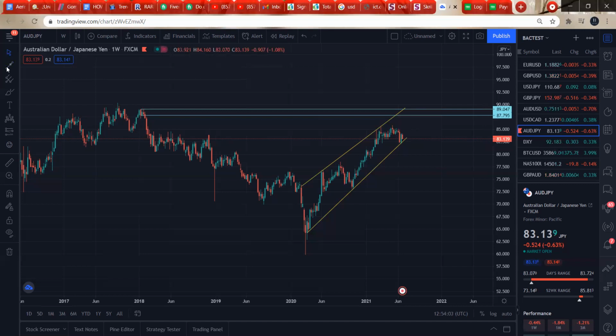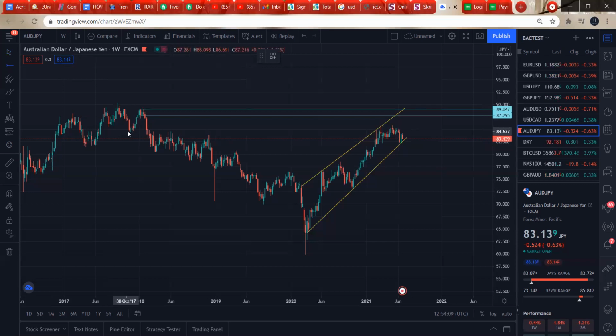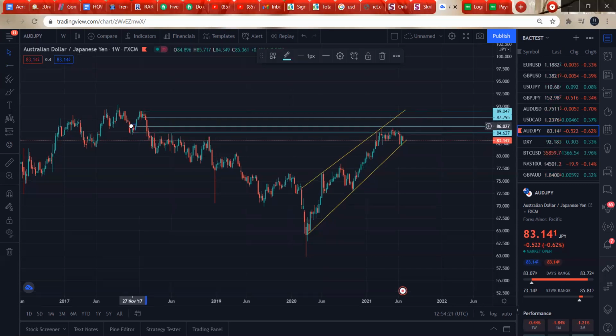Okay. After this move here, let me just highlight also this area. I'm just highlighting this previous order block, this order block here.